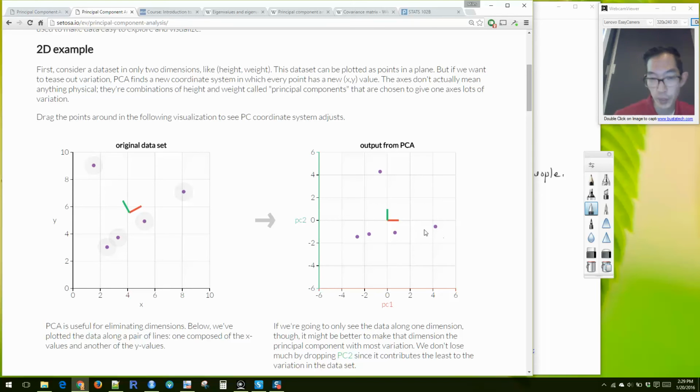Looking at the other dimension, we see this point is a major outlier, and it's quite clear when we look at the data like this. But if this data were just in a table, this data point probably would not stand out right off the bat, because x goes from 2 to 8.